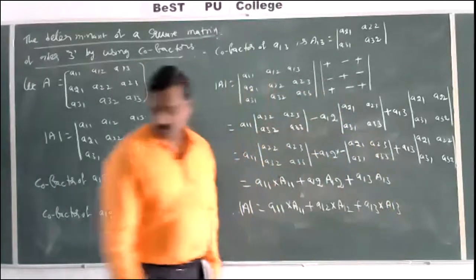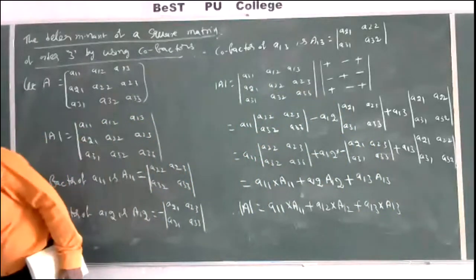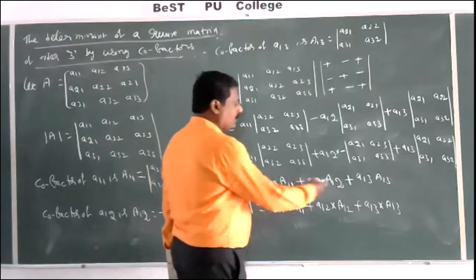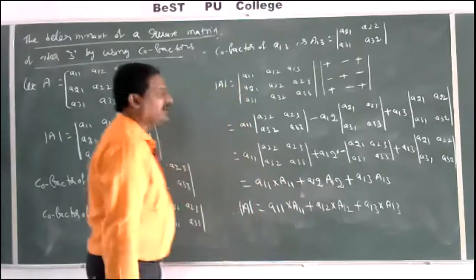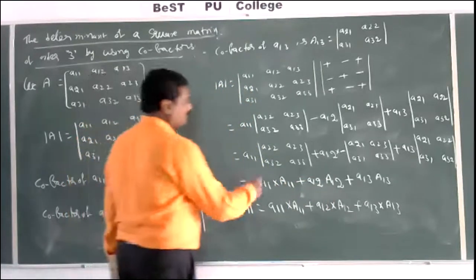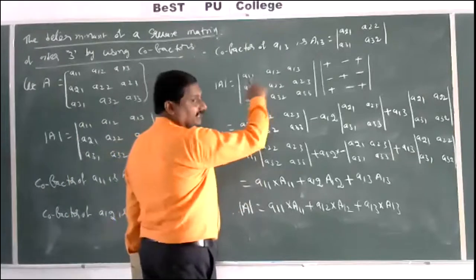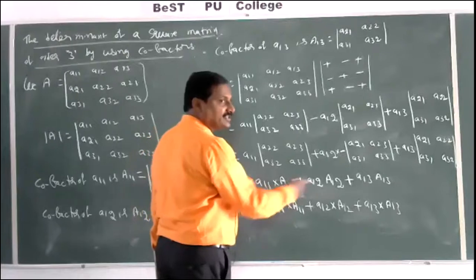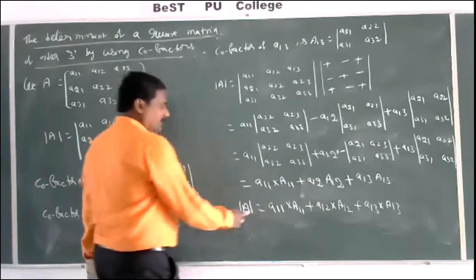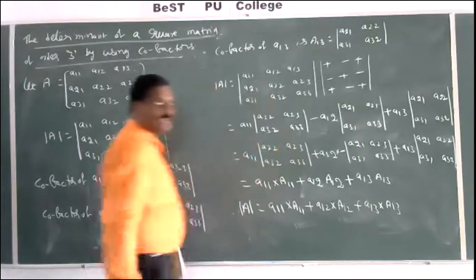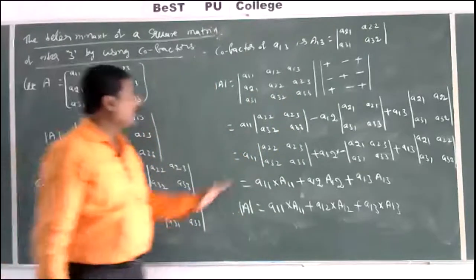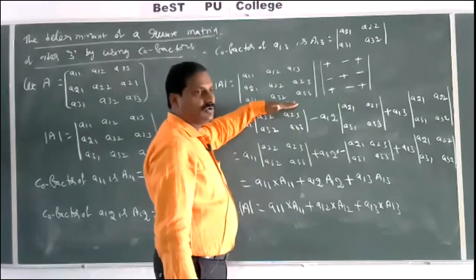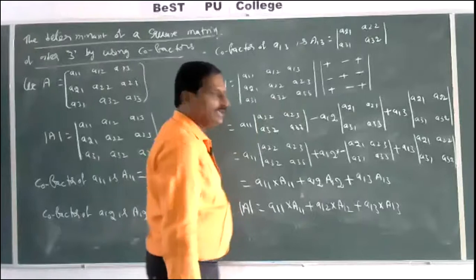From this we can conclude that the determinant of a matrix is equal to the sum of the products of the elements of any row and the corresponding cofactors. Not only the first row: if you consider the second row, then we have to take the cofactors of the second row elements. If you consider the third row, the cofactors of the third row elements.